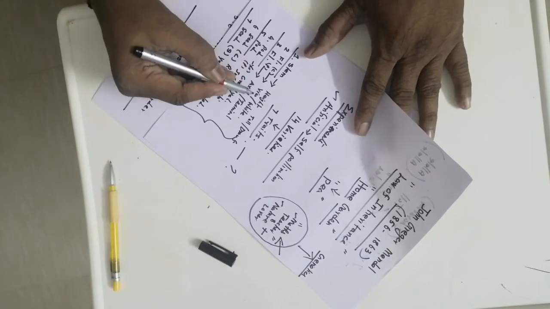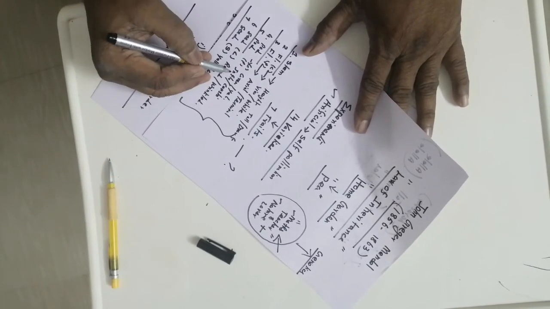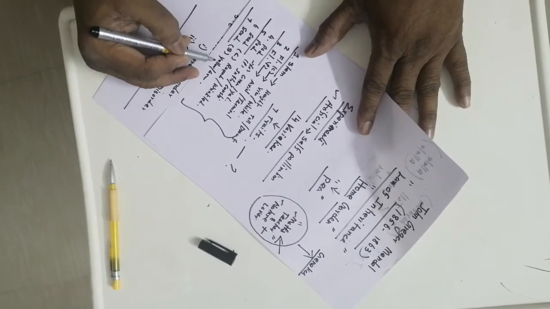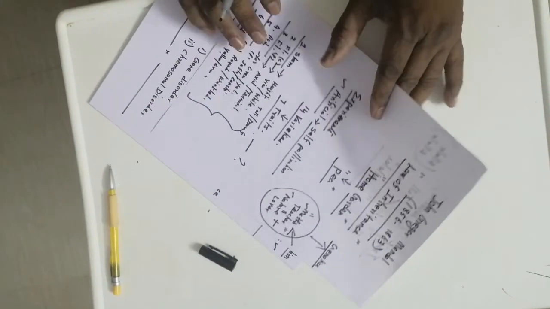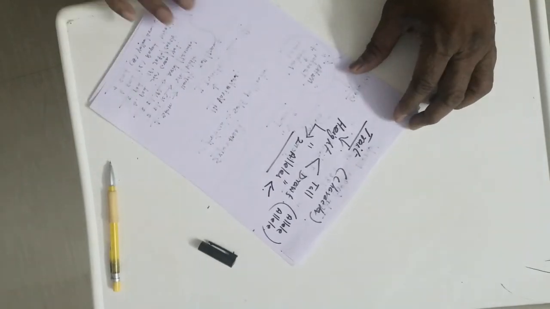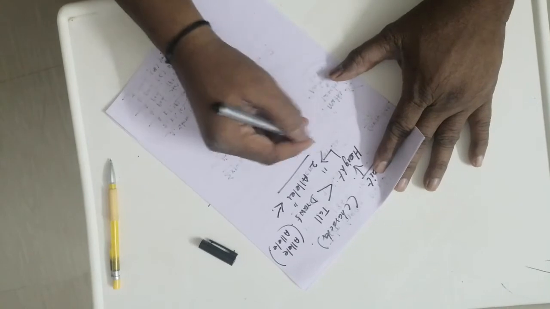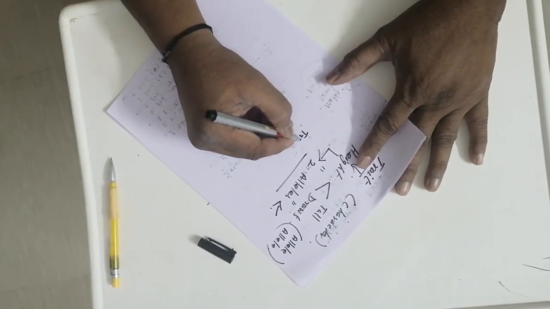Like a flower color, violet and white. Axial, terminal, green, yellow, inflated, constricted, round, wrinkled, yellow, green. These are the alleles of this particular character. So they use the name allele. Alleles are the names.